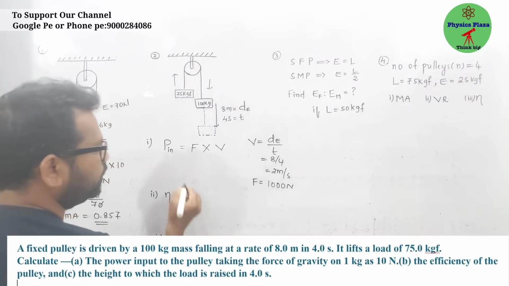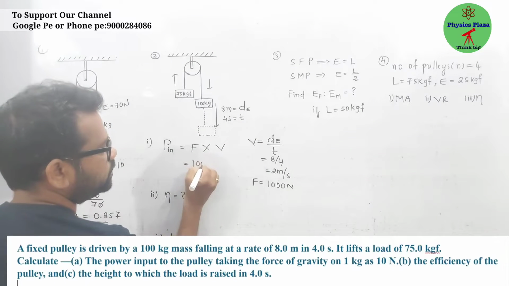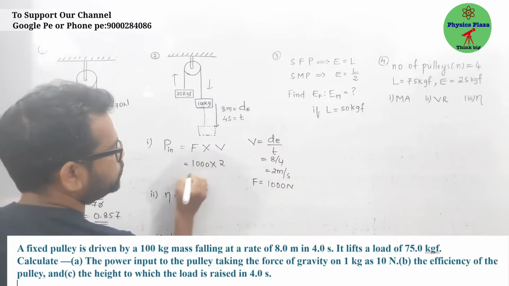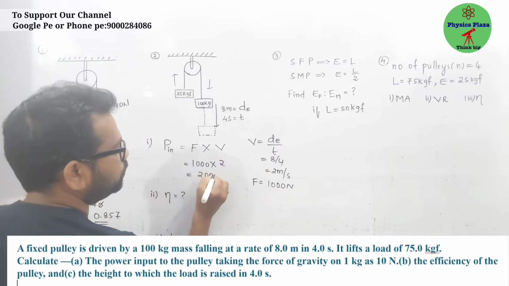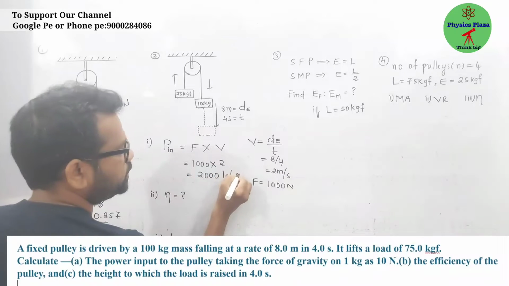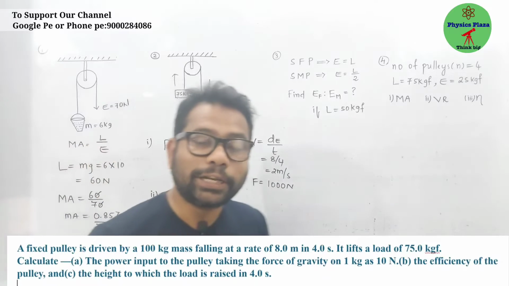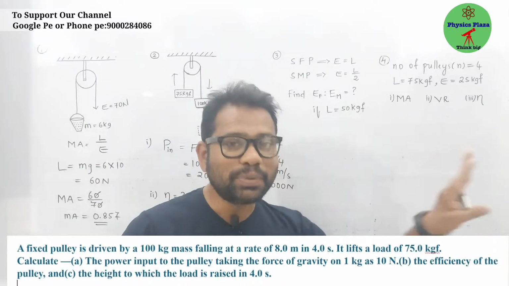It is pulling. Now it is 1000 into 2, so this will be 2000 watt or 2 kilowatt. This is how we can calculate in a simple manner, children. Let us not make it complicated.